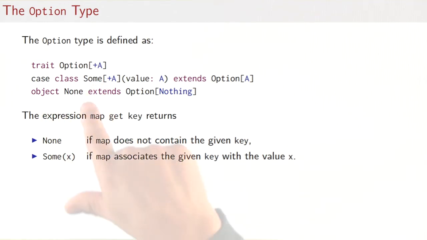The case class is called Some, and it takes a value, and it's an extension of Option[A], and None extends Option[Nothing]. So that means that an option value can be one of two things. It can be a None, which means nothing was found, or it can be a Some(x), where x is of type A here, and that means that something was found, and the thing that was found is the x here.